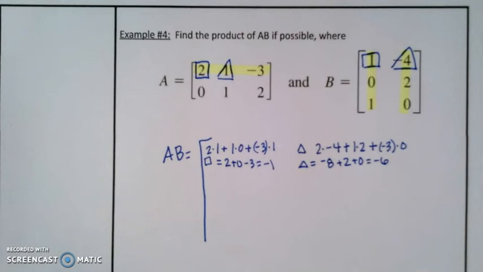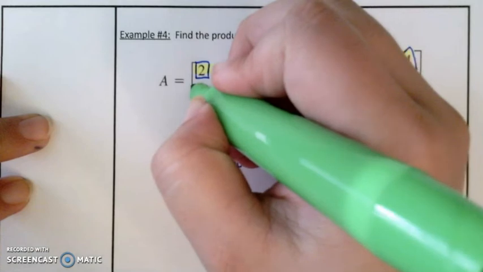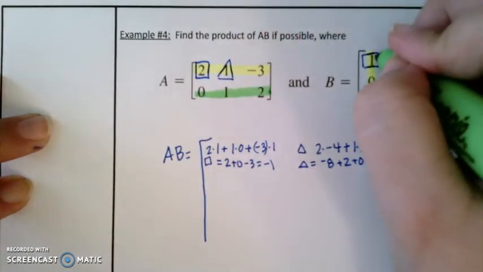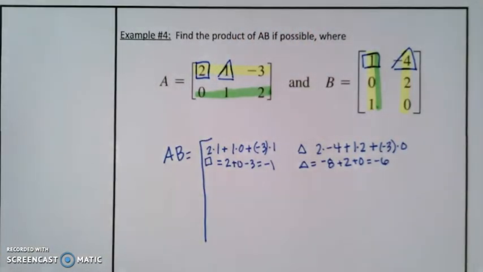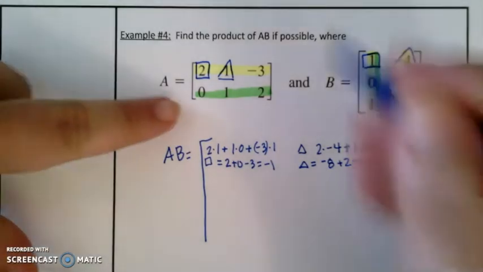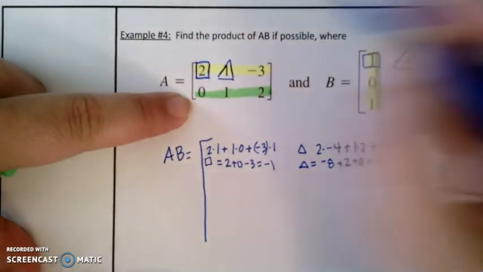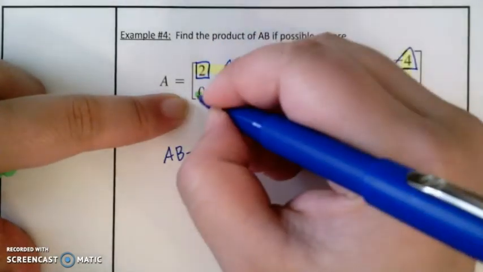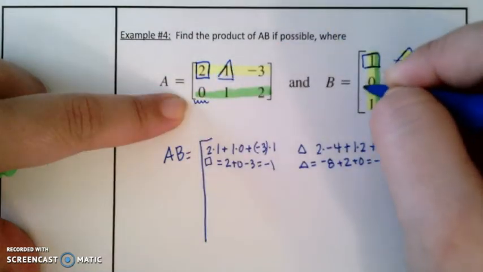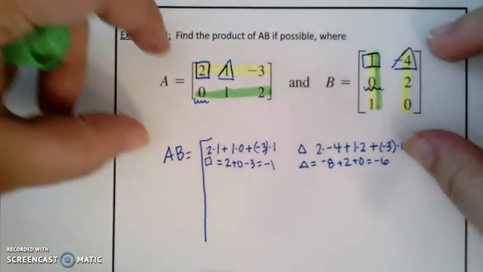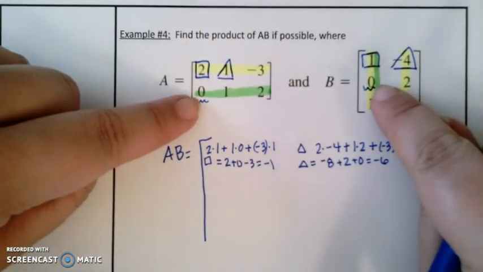And then we go on to the second row. So I'm going to use a different highlighter color here. So the second row here. And then again, our first column. We'll do an underline here. So this is, if I were to overlap my matrices, this is where they would overlap.